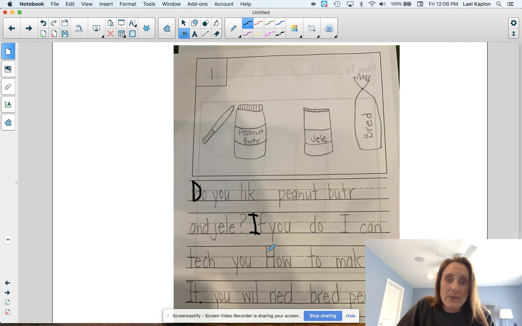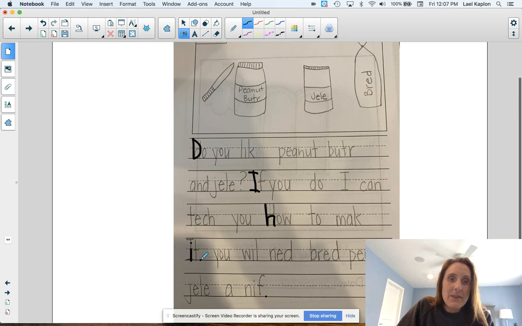How is in the middle of my sentence and it's uppercase. Oh, I need to fix that. How to make it. And why is that capital? Oh, that's not the beginning of a sentence. There. So I see a period here, but that's not a capital. Oh no, I need that Y to be capital.